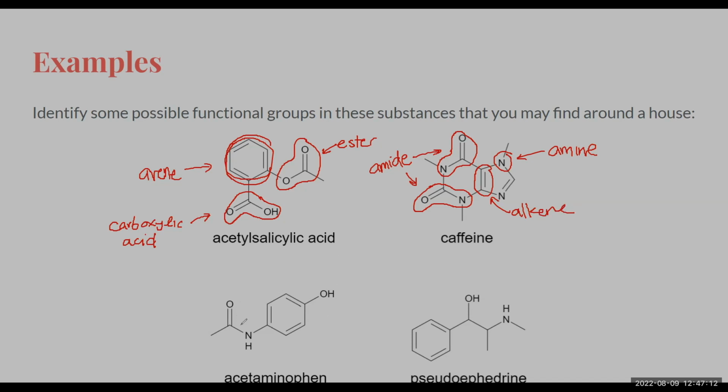This next one is acetaminophen. You may more commonly know it as Tylenol. So once again, we have an aromatic ring, so I'm going to call this an arene. Right here, we have an OH hanging off of it. So this is an alcohol. And right here, we have this amide group hanging off of it.